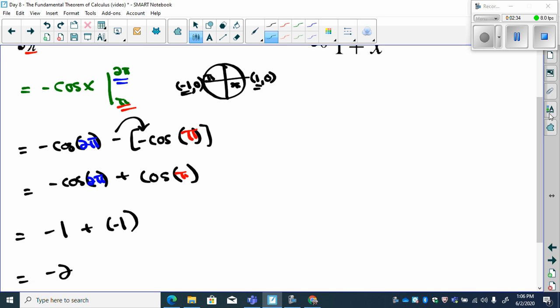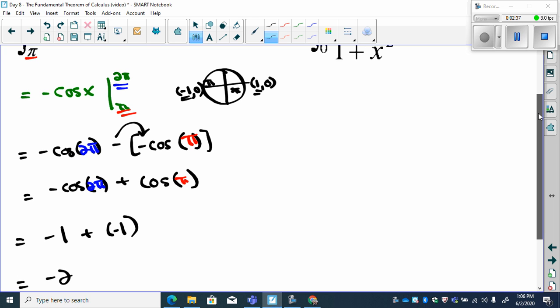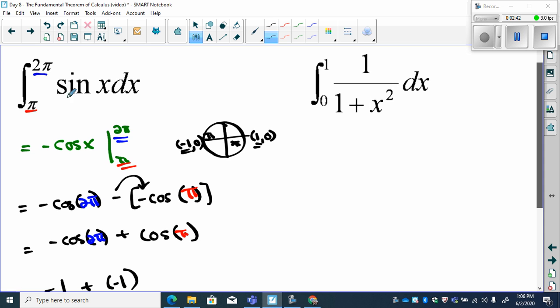Notice I said an area because a definite integral, as we saw yesterday, is a way to calculate the area under a curve. So if I looked at the curve of sine x between pi and 2 pi, so between here and here, there's the x-axis. The area of this shaded region right here would be negative 2. There's my 0, pi over 2, 1 pi, 3 pi over 2, and 2 pi.